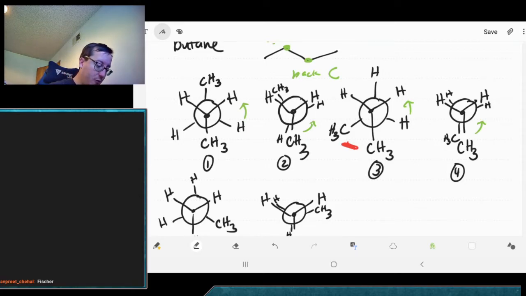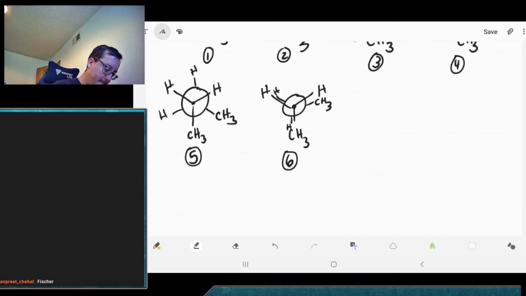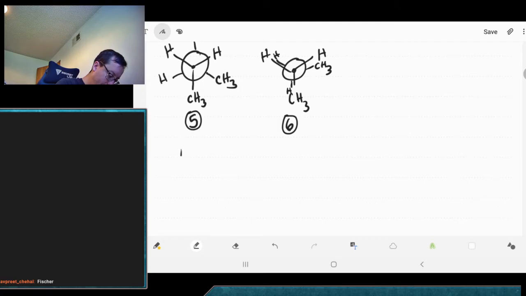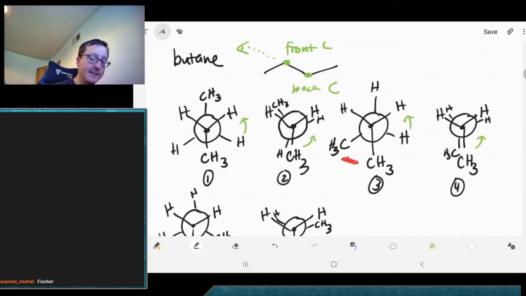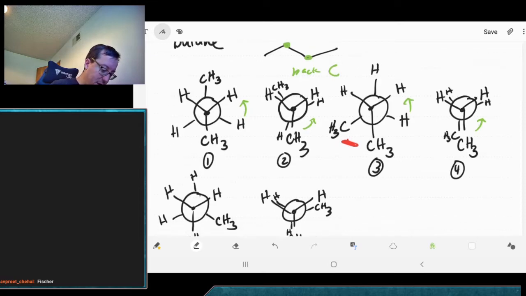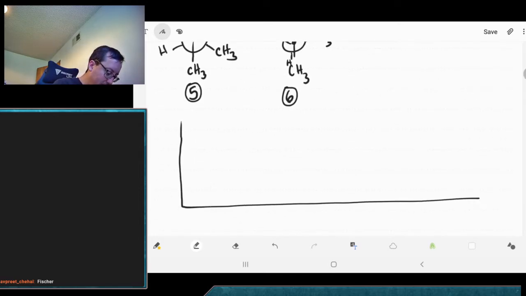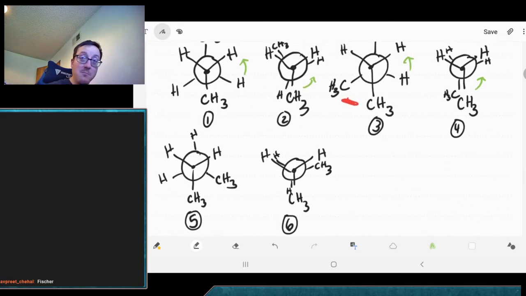If we were to graph these, we're going to see our happiest state is number 1, right? Where everything is far from each other, and that's our best conformation. That's going to be our lowest one, number 1. And we saw that number 4 was the worst, where we have those methyls directly next to each other.